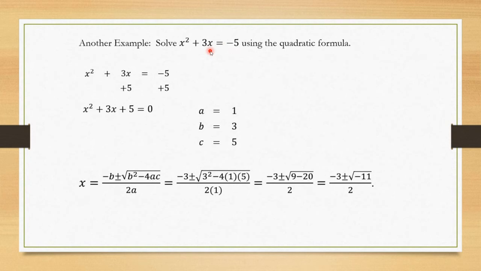Now, how do you do that? Well, we just add 5 to both sides. Remember, you want the right-hand side equal to 0. So now here, it's in standard form. Now we can look for our a, b, and c, and then use our quadratic formula.